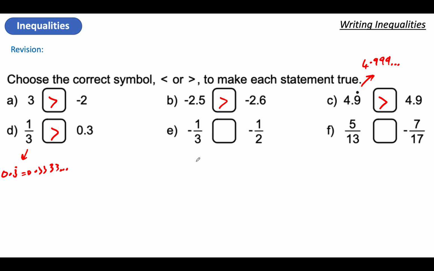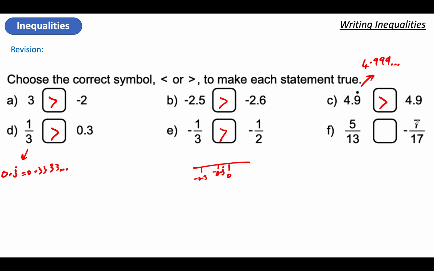Negative a third and negative a half, right? Negative a half is negative 0.5, and negative a third is negative 0.3 recurring, which means that one is bigger than the half. Tricky one, that one.